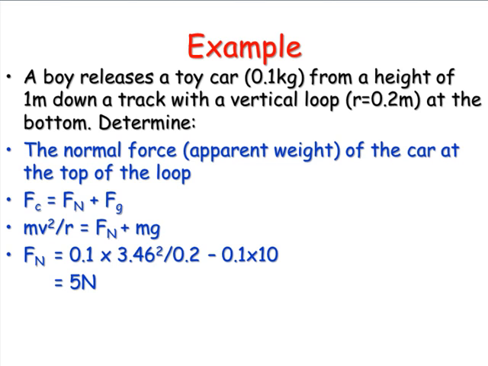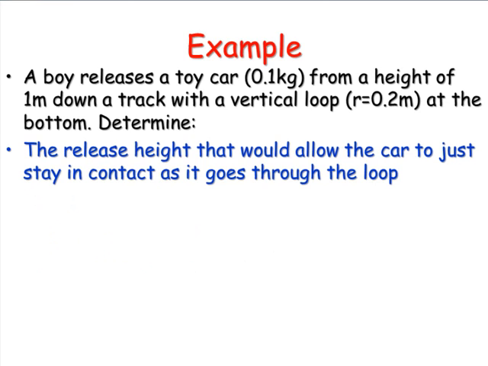And finally, the release height that will allow it to just stay in contact. Effectively, what this question is getting at is what height would you have to drop it at in order to come down and just make it around. If it was going any slower, it would actually drop off the track.